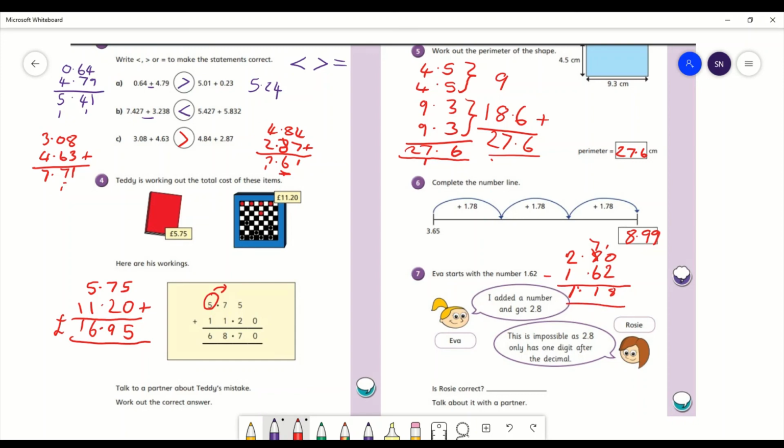Rosie says it is impossible as 2.8 only has one digit after the decimal. Well, actually, she's wrong because what I did was I placed the 0 as a placeholder. So is Rosie correct? Rosie's incorrect.